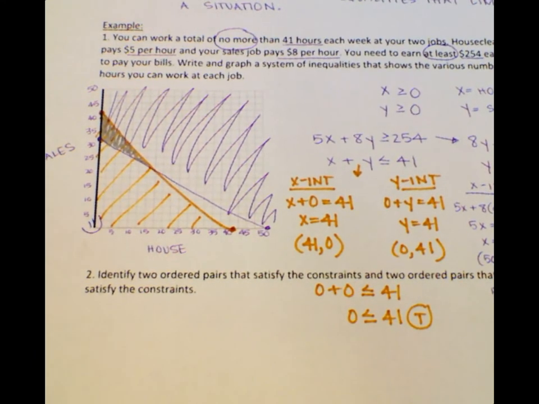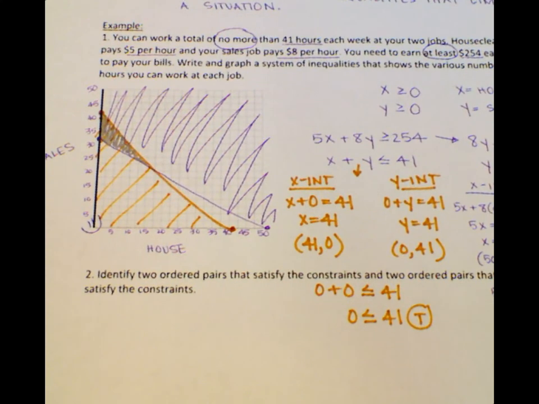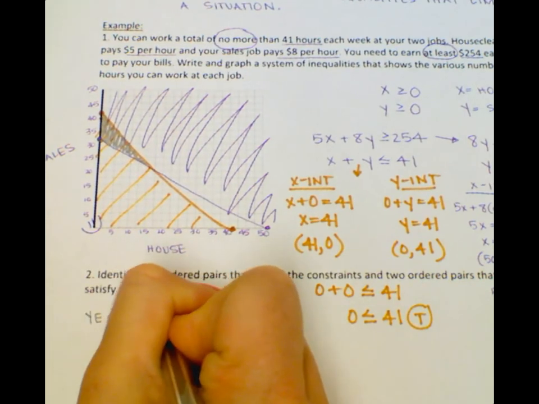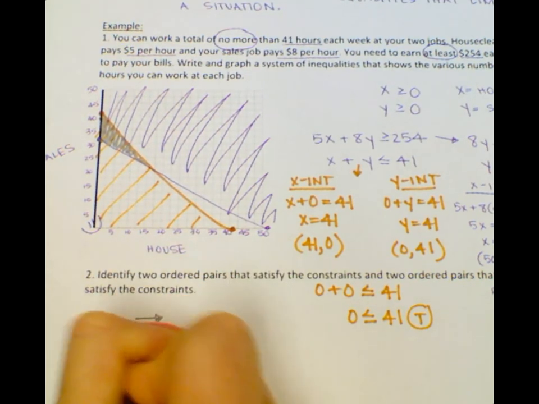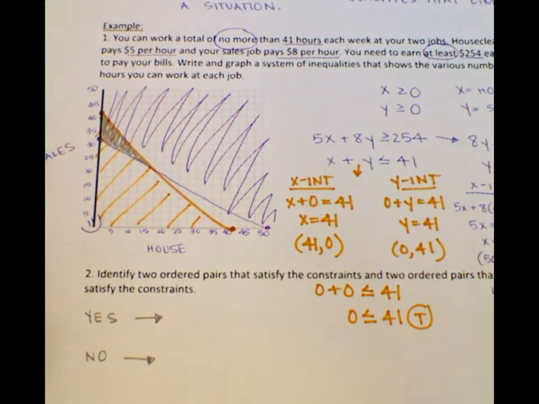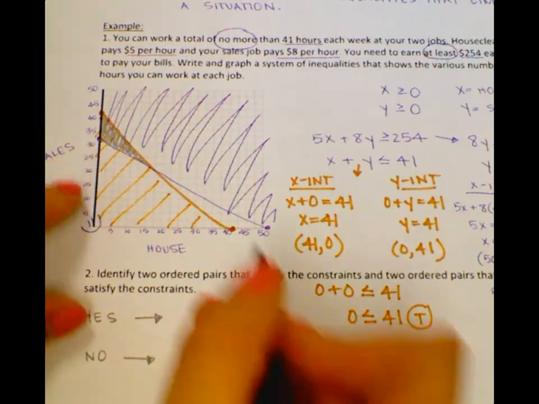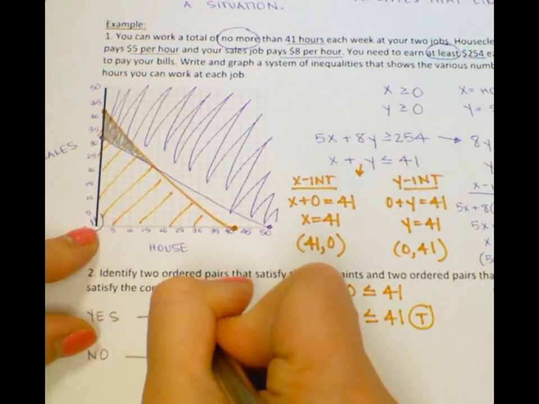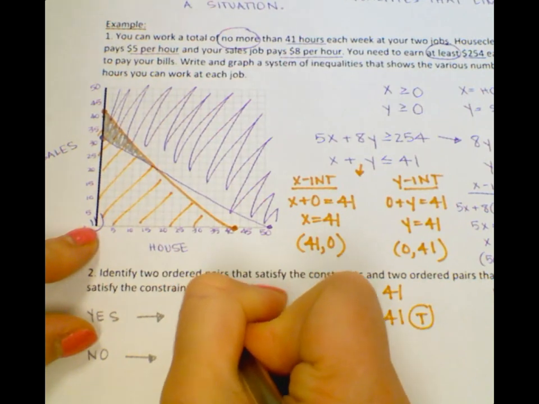Let's do number 2 real quick. It says identify 2 ordered pairs that satisfy the constraints and 2 that don't. So I'm going to say yes with a little arrow and no. Remember, if it satisfies the constraints, it will be in the shaded region of both. So this pencil mark right here. Let's go 0, 35. That would be in there.